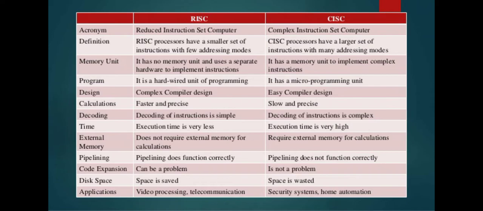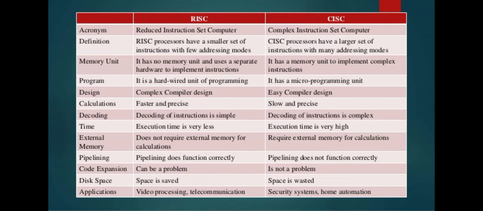Decoding. Decoding of instructions is simple with RISC, while CISC decoding of instructions is complex. Execution time is very low for RISC, while for CISC execution time is very high.